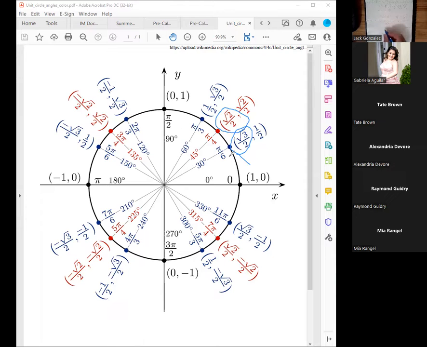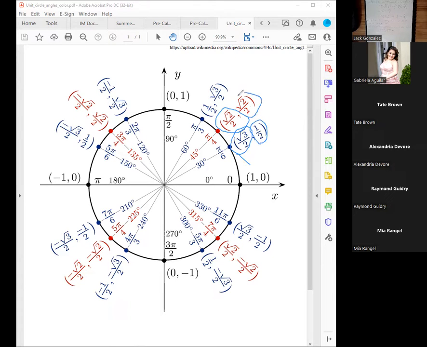So that'll be square root 3 over 2 times square root 2 over 2 minus, now we do the y values, right? Sine 30. This is right here, right?